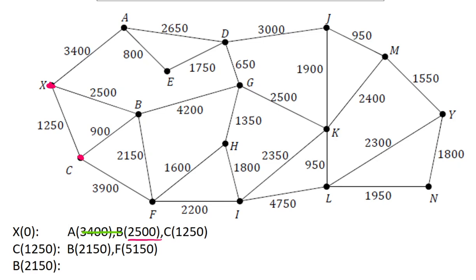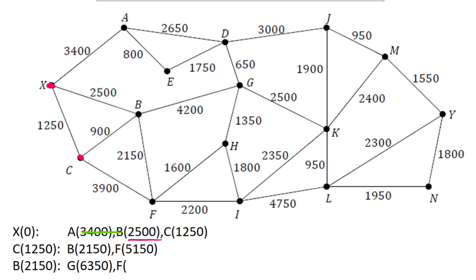And so from B, we can go to G for 4200 and F for 2150 plus 2150, which is 4300. So 4200 plus 2150 is 6350. And then F is 2150 plus 2150, which is 4300.